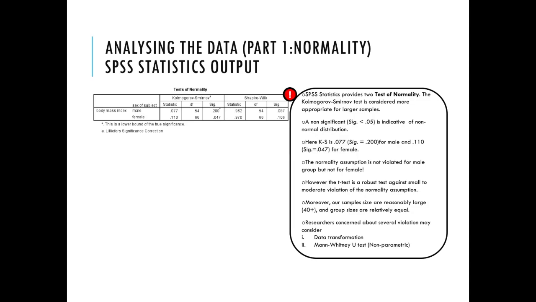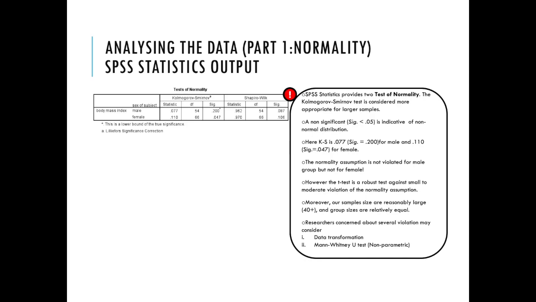Here, the Kolmogorov-Smirnov statistic is 0.077 with a p-value of 0.200 for male, and 0.110 with a p-value of 0.547 for female. So the normality assumption is not violated for either the male or the female group. However, the t-test is a robust test against small to moderate violations of the normality assumption.